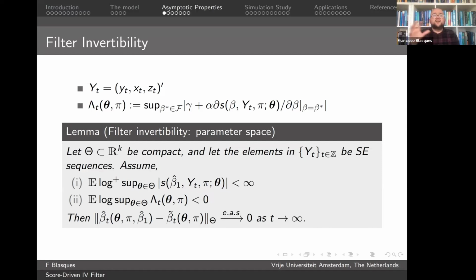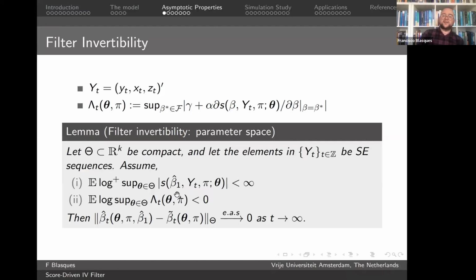Invertibility and stationarity are not the same thing. Filter invertibility is really about forgetting that beta_1, that initialization term. But the contraction conditions are all intuitively similar, and we need some moment condition at the start.